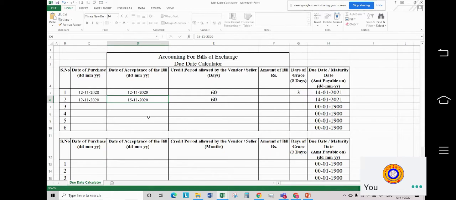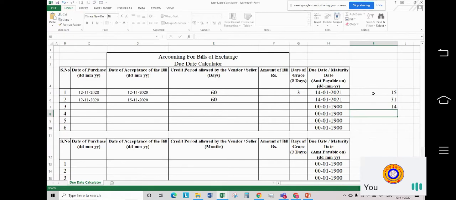So that means in the month of November, you will have the remaining 15 days, and in the month of December, you will have 31 days. So out of 60 days, as of now, we have utilized 46 days. So the remaining 14 days will be in the month of January.